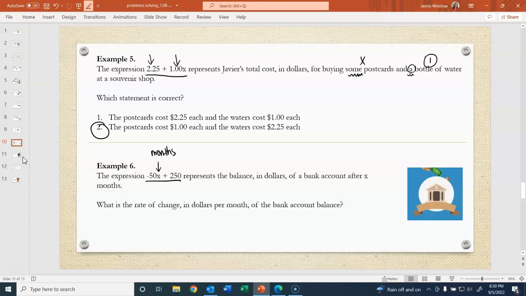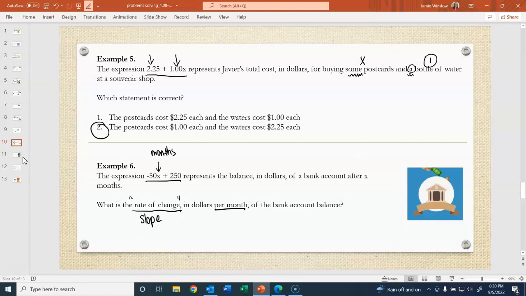So something we haven't talked about explicitly yet, rate of change is another word for slope. Do y'all remember that from either Math 6, Math 7? Slope is the rate of change, the change in y over the change in x. And we're going to talk a lot more about that in the coming weeks. But this phrase here, rate of change, means slope in dollars per month.